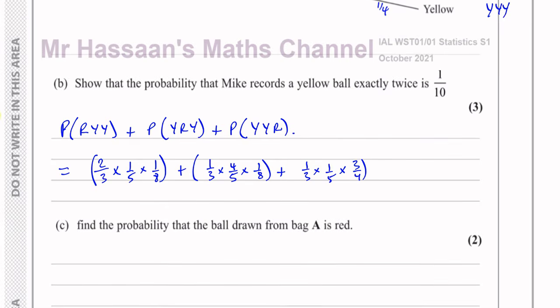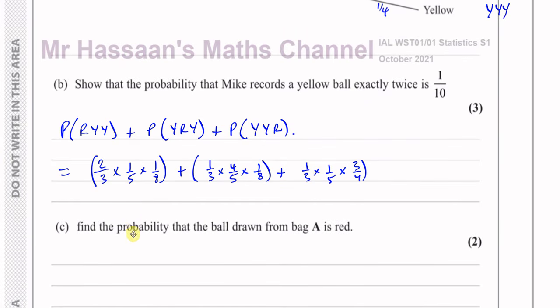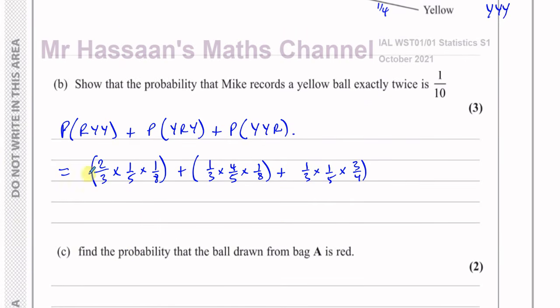Okay, let's see if that gives us 1/10. Let's see what cancels out here.